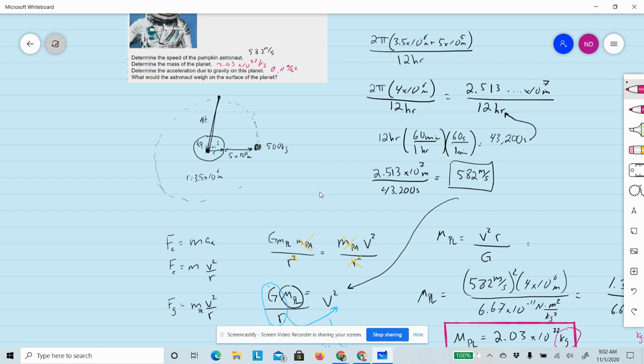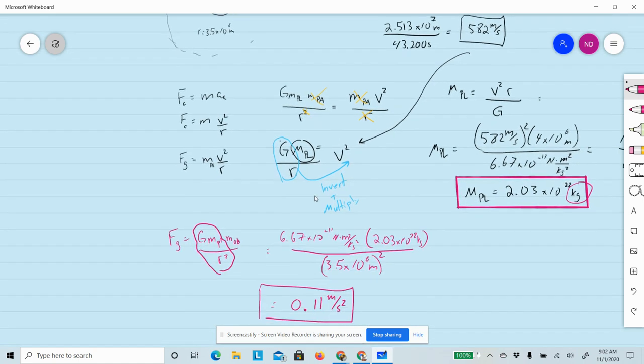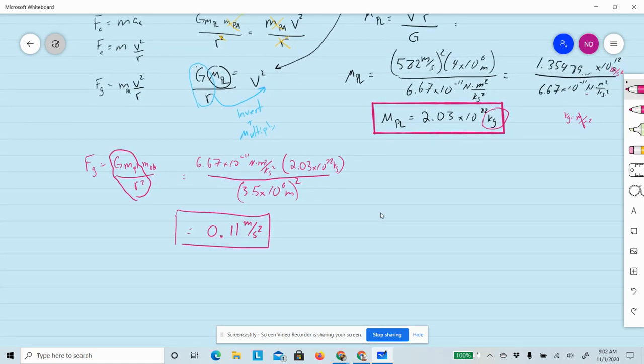And what would the astronaut weigh on the surface of this planet? At least 500 kilograms. So his weight would be all of that times 500 kilograms, or 0.11 meters per second squared times 500 kilograms.